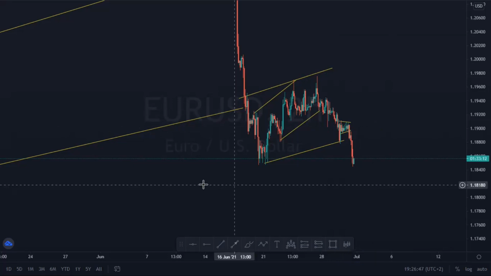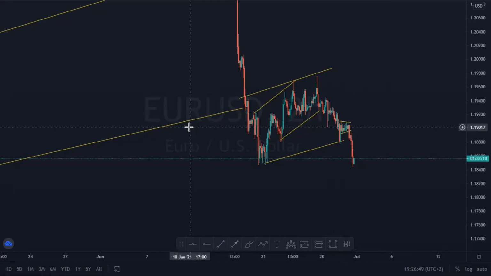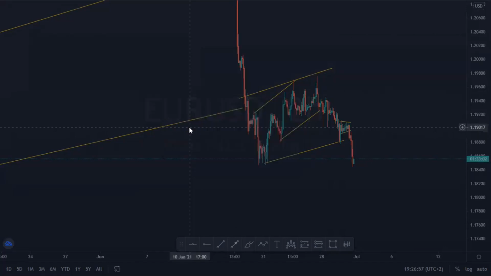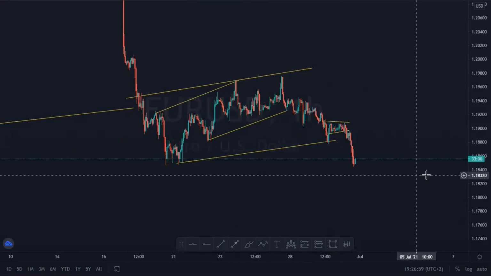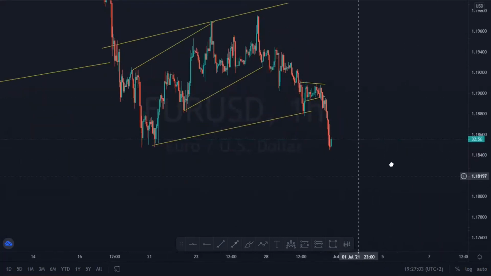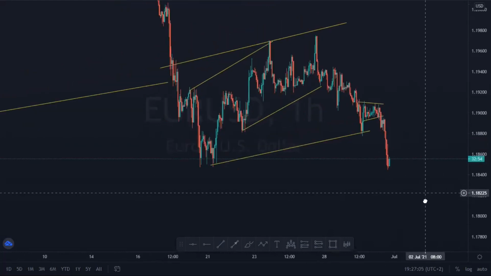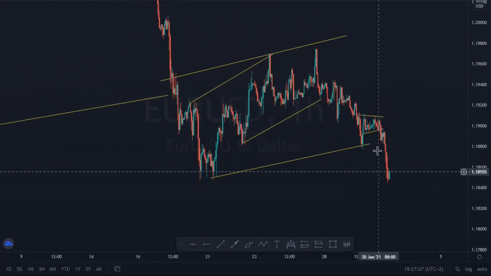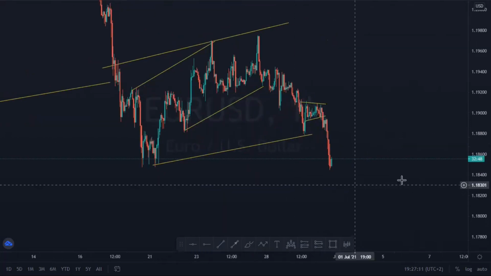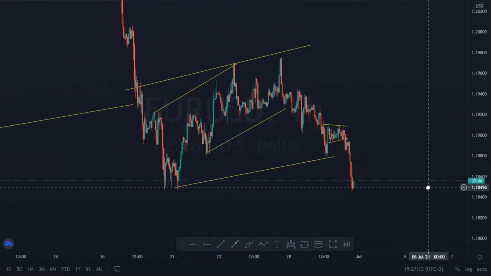From there, I go to the 1-hour time frame. That's where I'm looking for an entry, between 1 hour and 15 minutes, but mostly on 15. Now we are here. I can see that we've reached almost our destination, but not exactly.